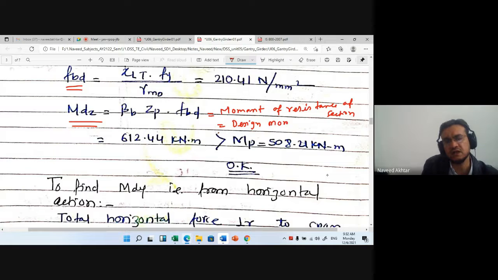Okay, so here you can see that our design moment is coming 612.41 kilonewton meter. So our actual plastic moment or factored moment is 508.21 kilonewton meter for vertical loading. So you can say that it is okay.